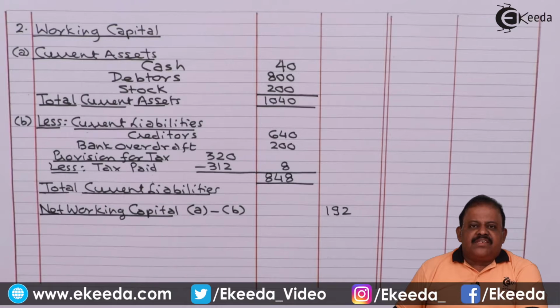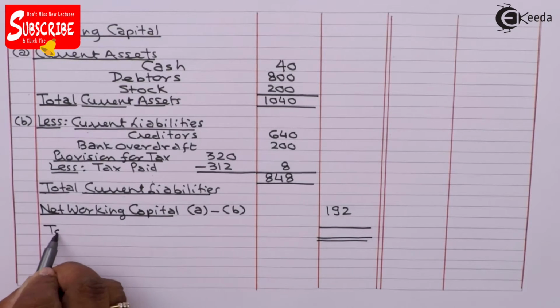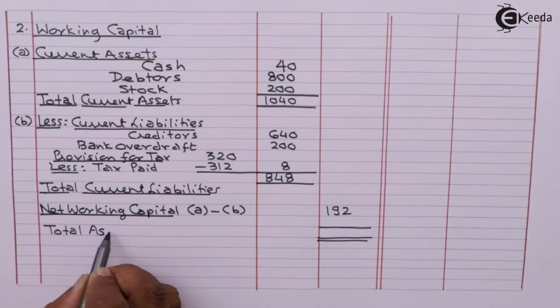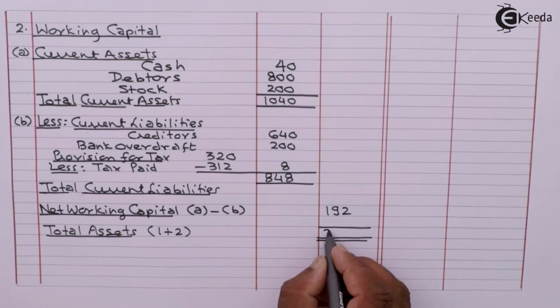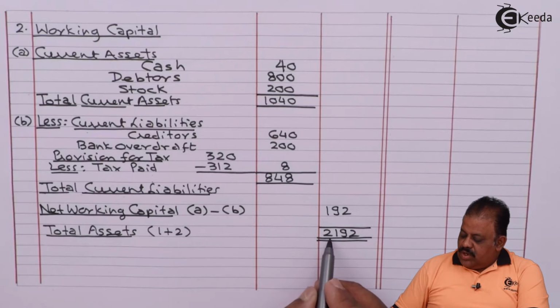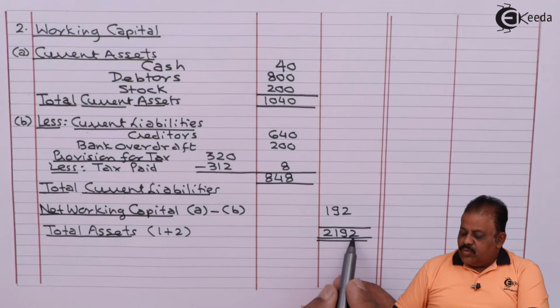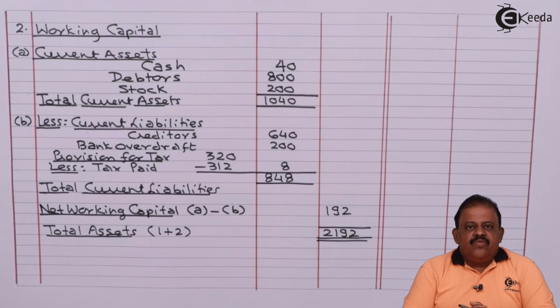This will be added to fixed assets to arrive at total assets. Total assets 2,192,000. We have completed vertical balance sheet.